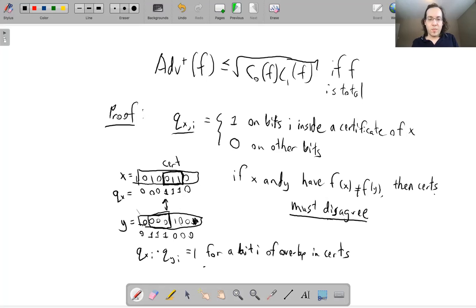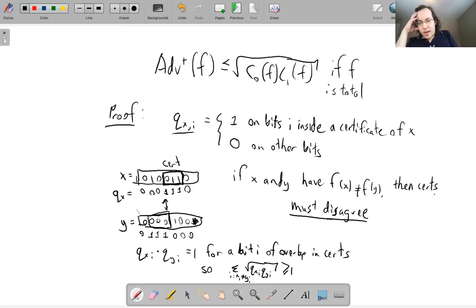Which means that the sum over all i such that x_i does not equal y_i of the square root of q_x,i q_y,i must be at least 1, because there's at least that one i where the certificates disagree, and for that one i, q_x,i and q_y,i are both 1. So this satisfies the constraint.